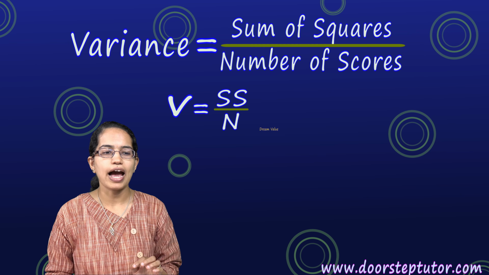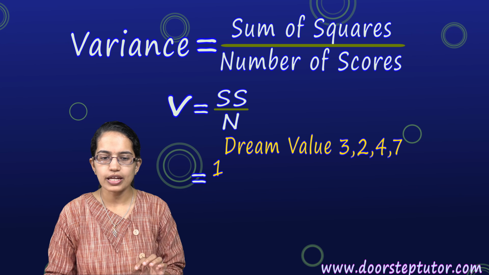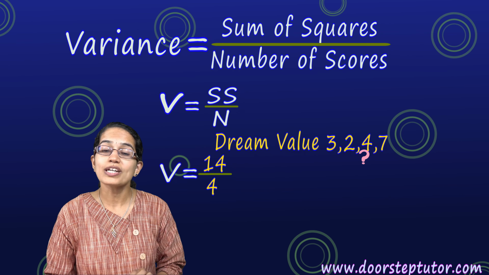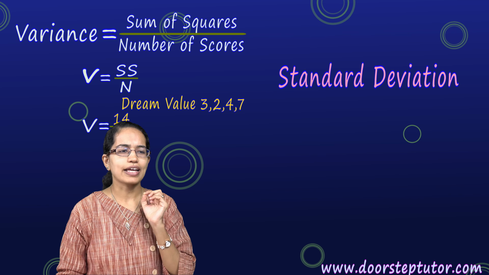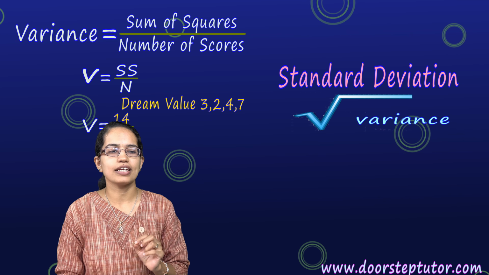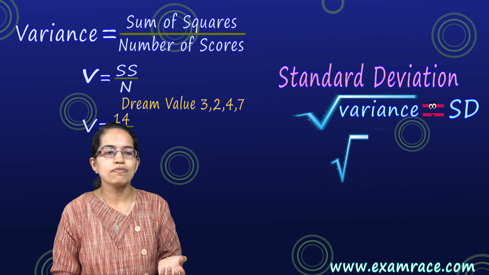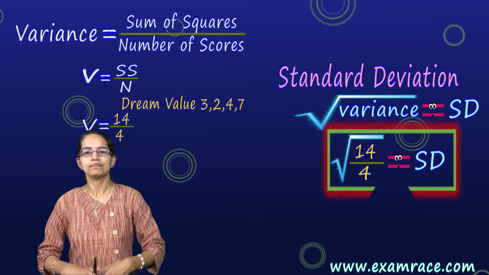In that case, we had 3, 2, 4 and 7. My sum of squares was 14, divided by 4, and this was my variance. What is the standard deviation? In one simple term, I can say the root of variance is the standard deviation, and the root of 14 by 4 would give me the standard deviation.